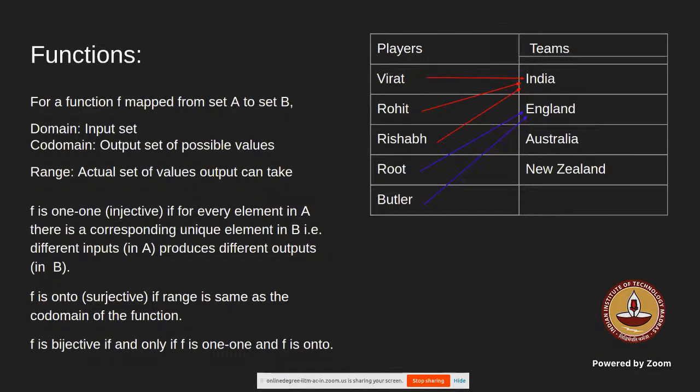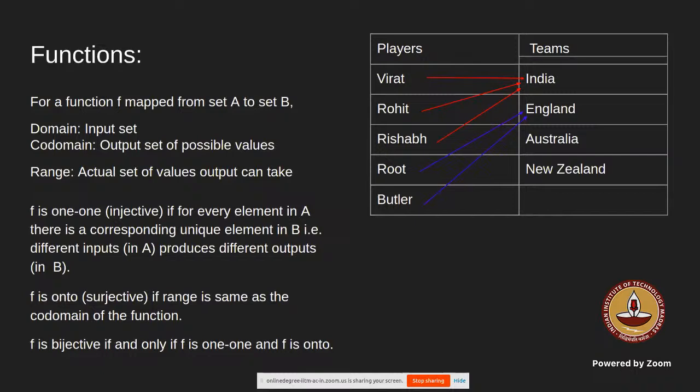Rishabh Pant also plays for India. But Root and Butler come from England, so they play for a different team. In this case, you observe that many elements can go to the same element. That can happen. But one element cannot go to two different elements. Virat cannot play both for India and England. That can never happen. So this is the function.